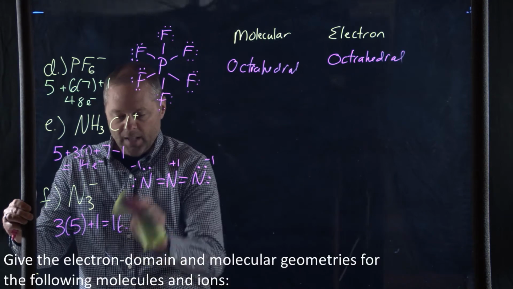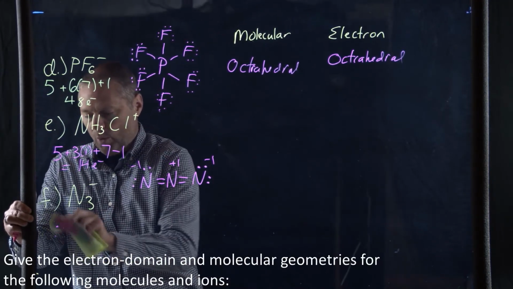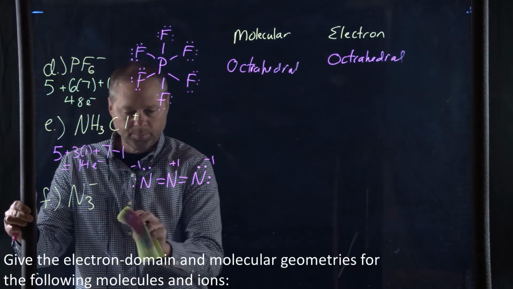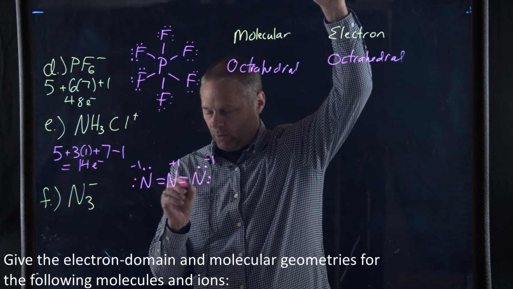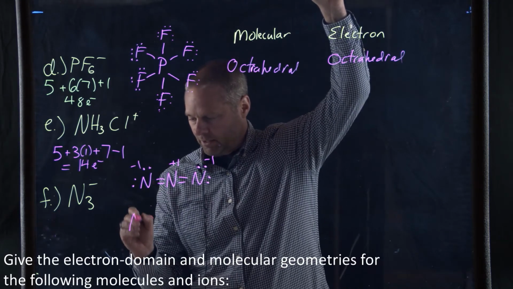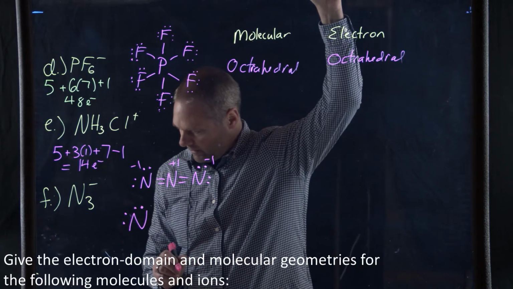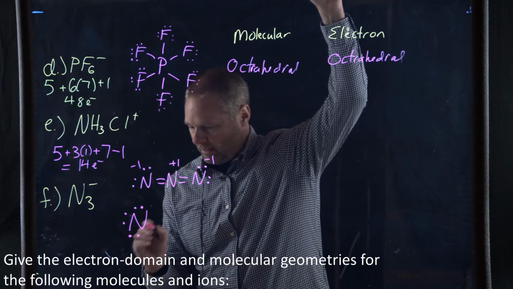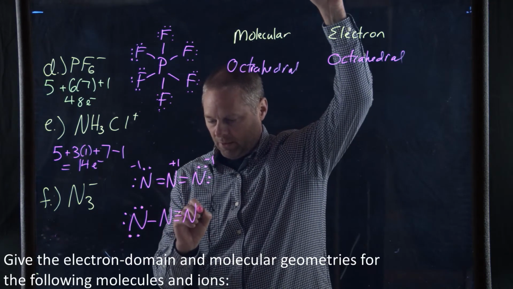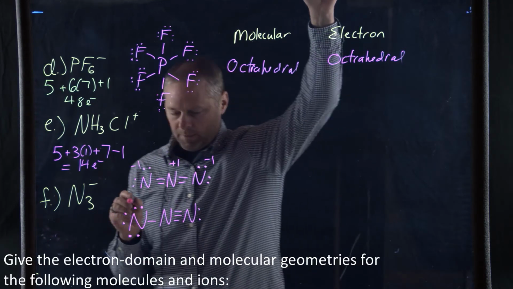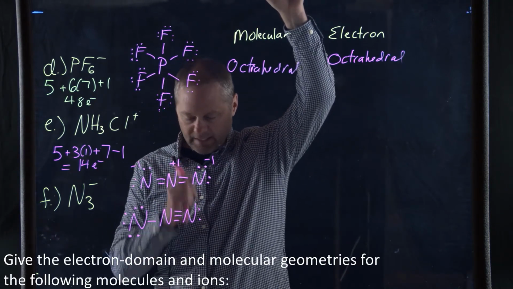That's one. Another one we can come up with, I want to show you why the formal charge is so important. Another one we can come up with is we can actually put a triple bond between two of the nitrogens and a single bond here. So a single bond there and then a triple bond here, now we start counting up the number of electrons, 2, 4, 6, 8, 10, 12, 14, 16.